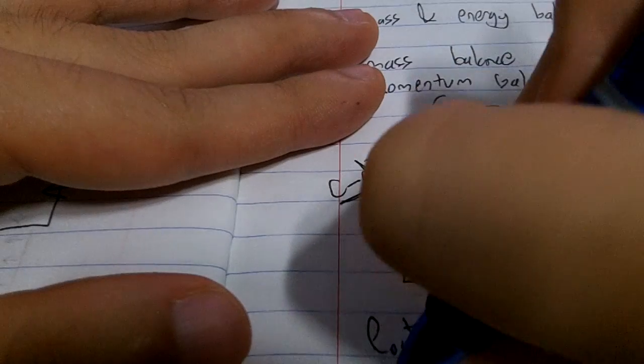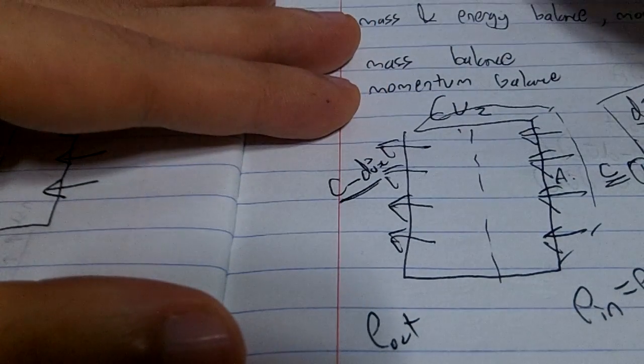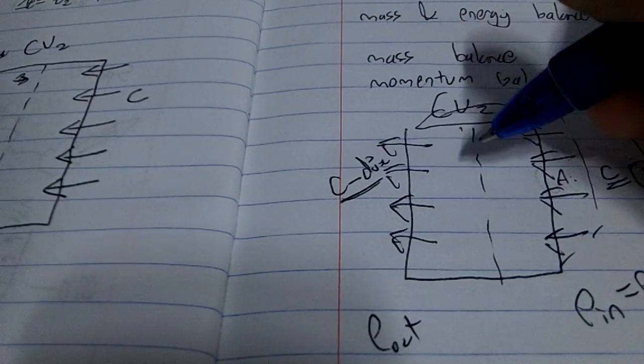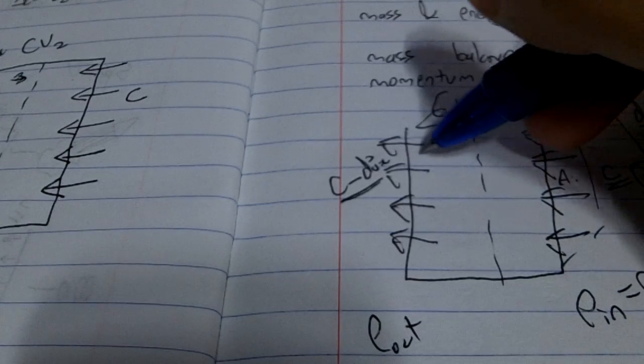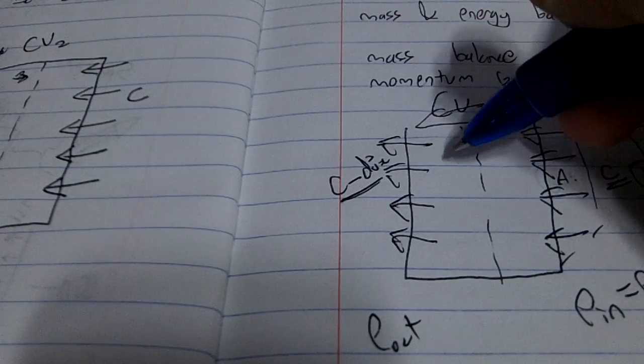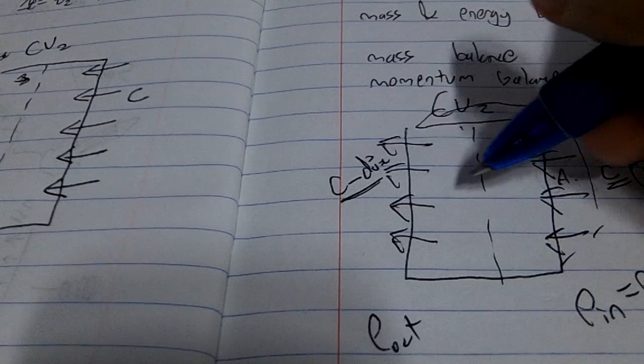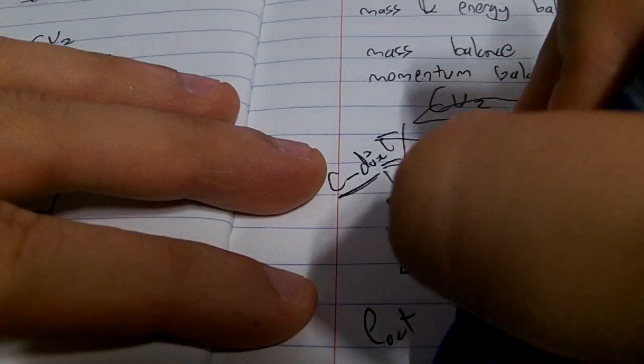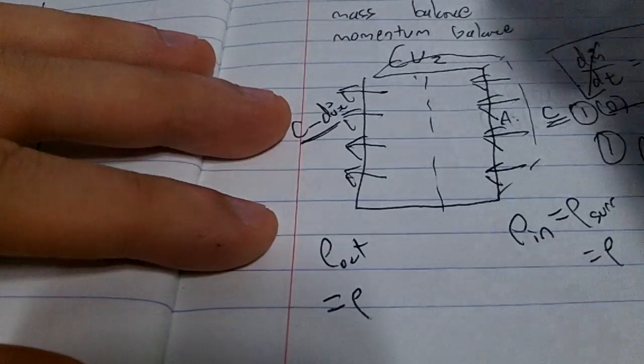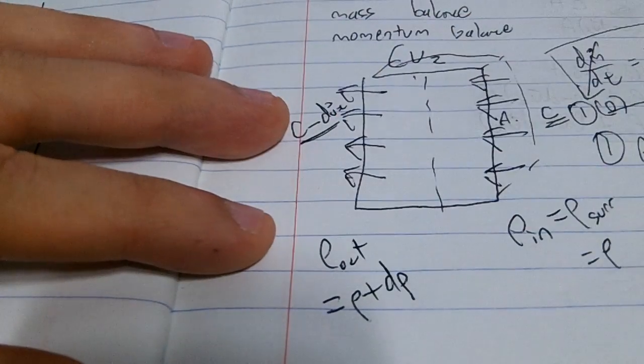Rho out, you see that the sound is actually a pressure wave. So when I compress this slightly, the pressure will change and the density will change. To generalize this change, I will just have rho plus d rho.